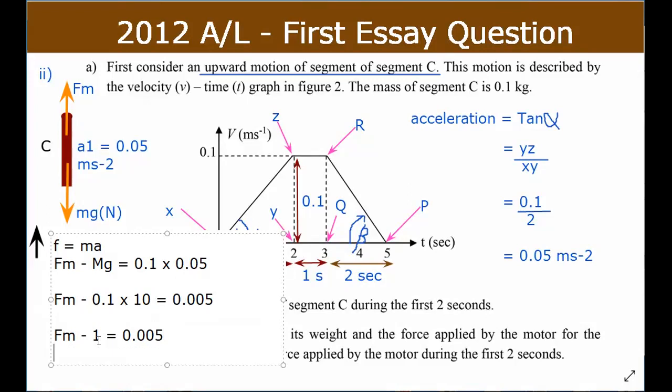Take 1 to the other side, then you can make Fm the subject. Minus 1 comes to the other side as plus 1. So finally, you will get the answer as 1.005, and the unit is Newton. So this is the force given by the motor.